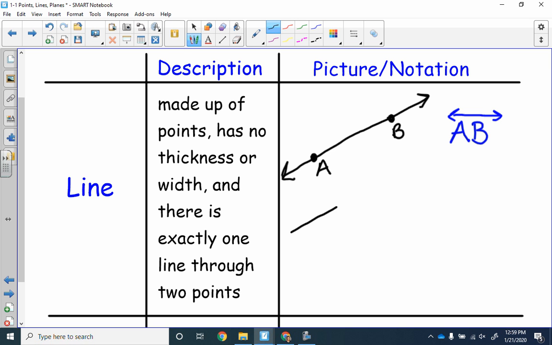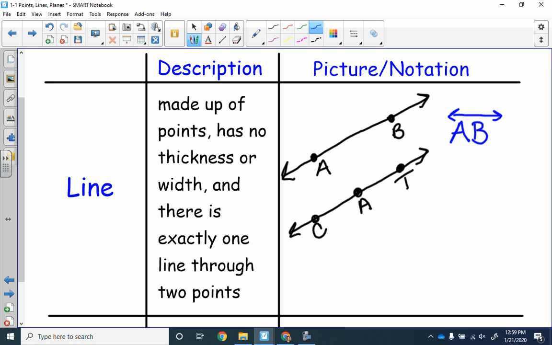Now sometimes you will have lines that have more than 2 points on them. I'm going to go ahead right here and we're going to use CAT. So I have the 3 points of CAT on this line here. When you are naming the line, you only want to pick 2 of the 3 points. You do not pick all 3 of them.